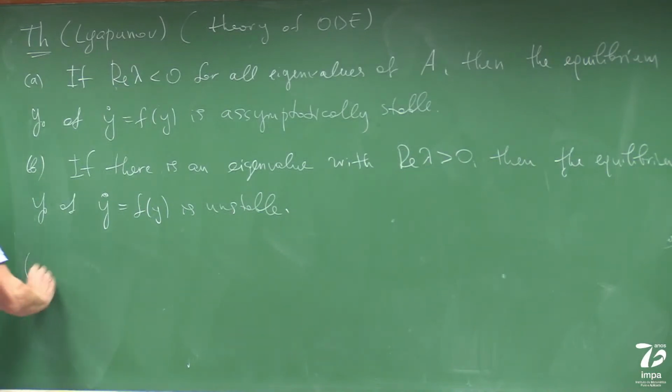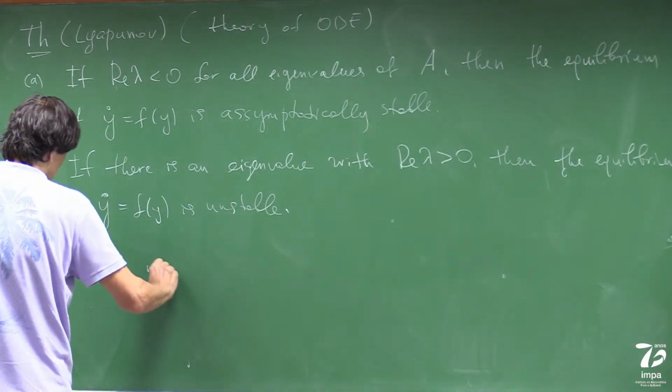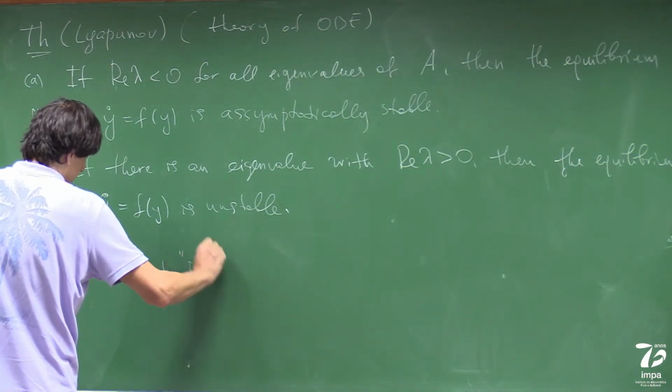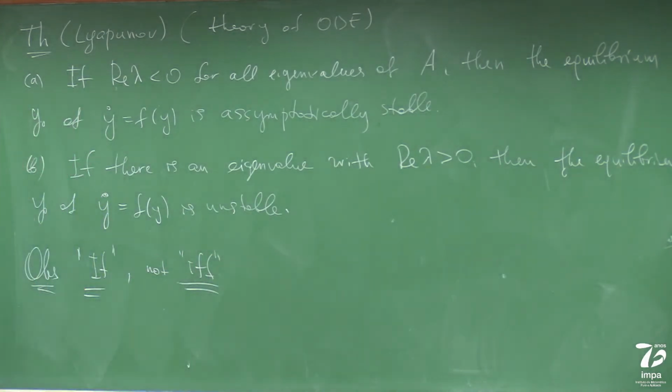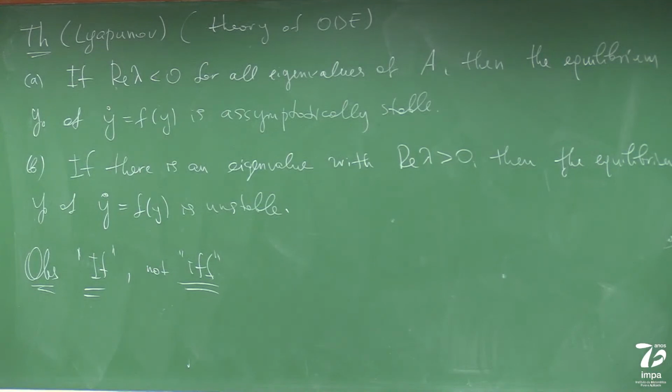So what do we have? The first observation is that in both cases we have "if", not "if and only if". So the first difference between stability for a linear system and for the nonlinear system is that here we only have a sufficient condition. For the linear system, the equilibrium is asymptotically stable if and only if all real parts are negative.